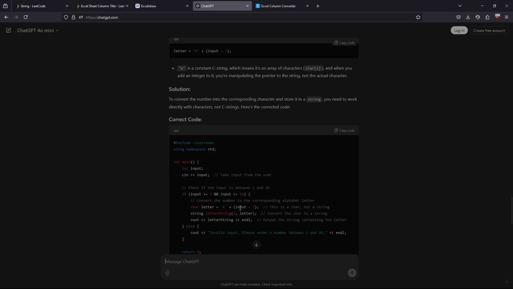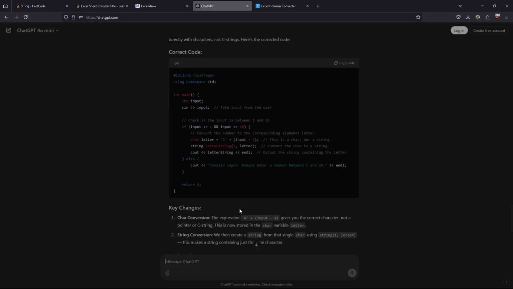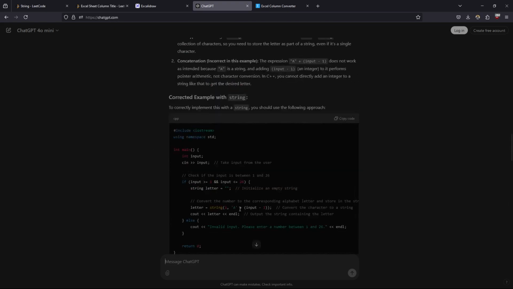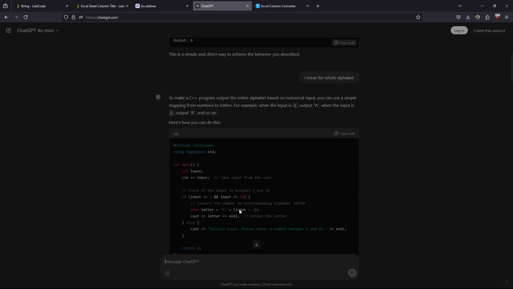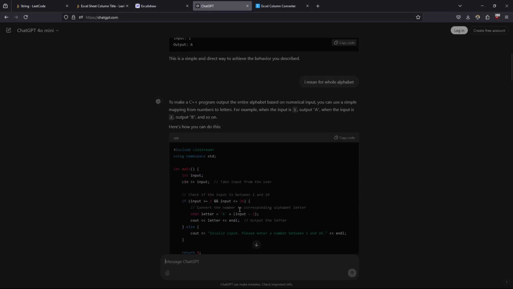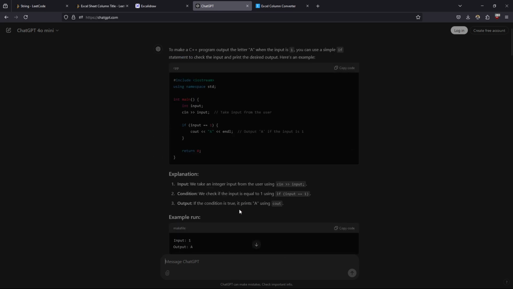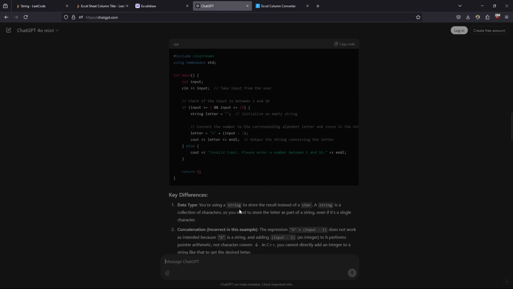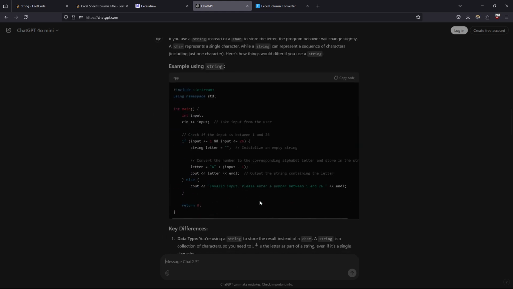Convert the character to string, but when I said to use string, it did, right? Yeah, I told it to use string and it did that.